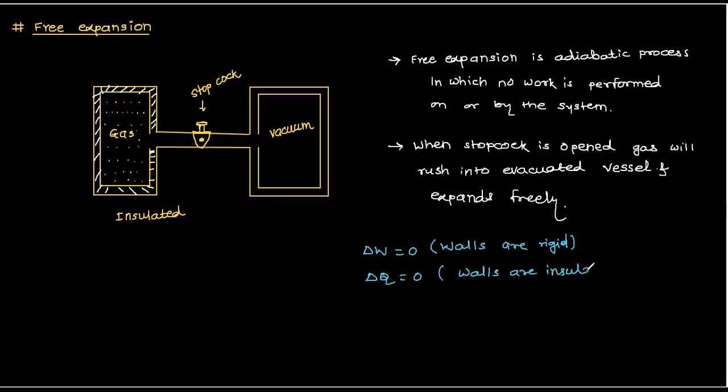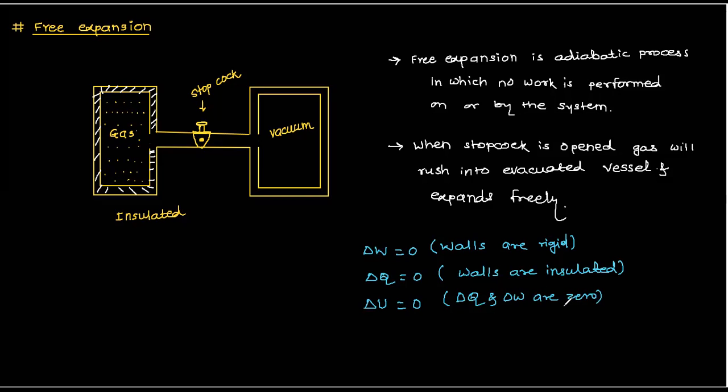Walls are insulated, right? Next, delta U is also equal to 0 because delta Q and delta W are 0.